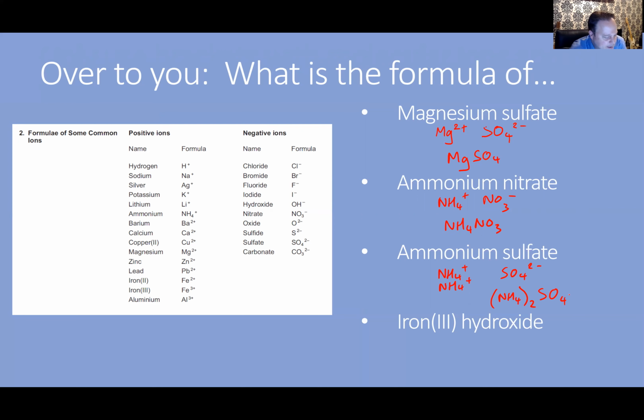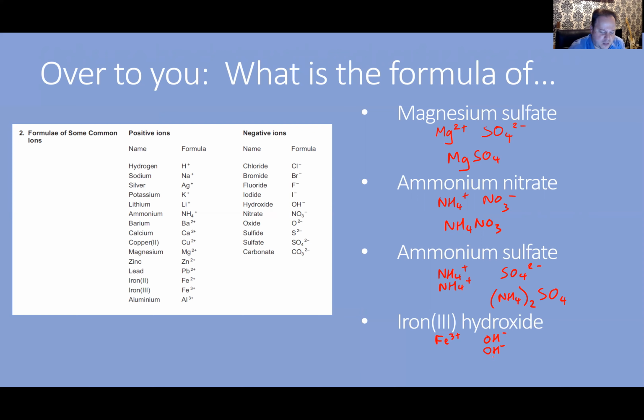And finally, iron 3 hydroxide. Iron 3 is second from the bottom on the left. It's Fe3+. Hydroxide is OH-. So we have 3 pluses and we have 1 minus. In order for the charges to add up to 0, we need some more negative charge.